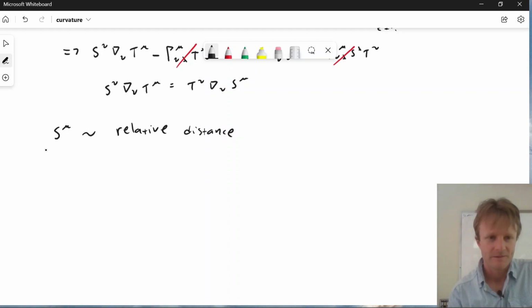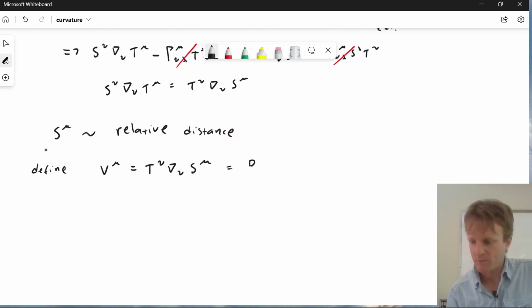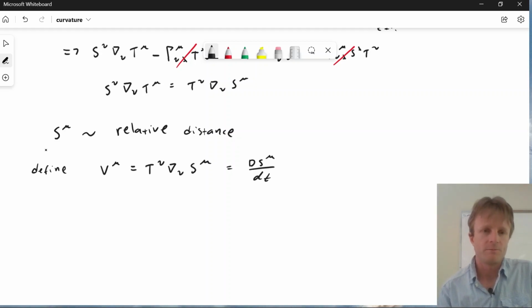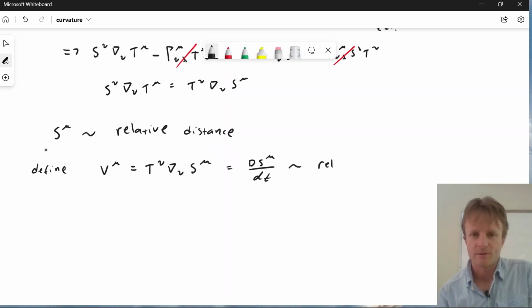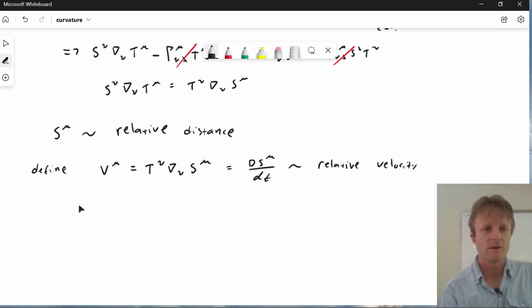And let's define V^μ to be yet another derivative. So that'll be T^ν ∇_ν S^μ, which is the same thing we called capital D S^μ dt. And this we're going to think of as relative velocity, but it's really some arbitrary coordinate-dependent thing. It's just somehow proportional to relative velocity.